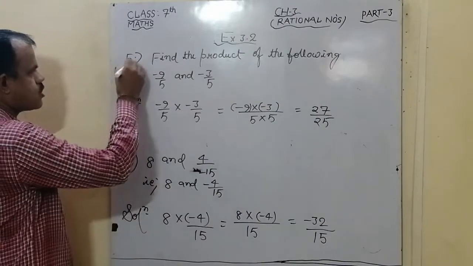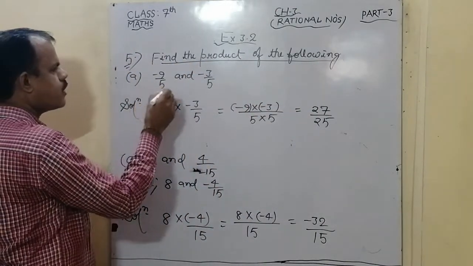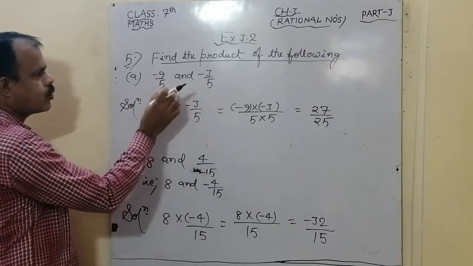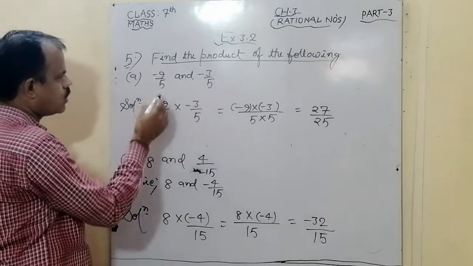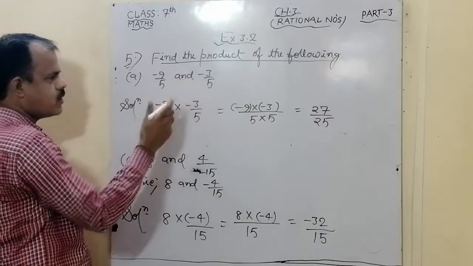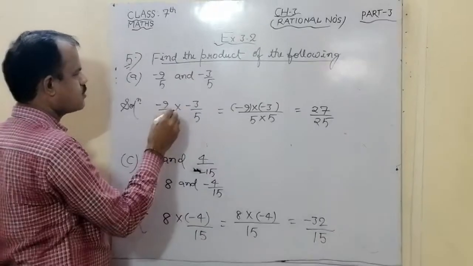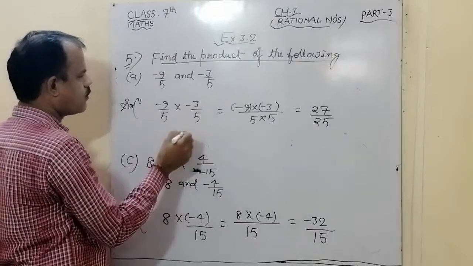Yes student, question number 5. Find the product of the following: minus 9 by 5 and minus 3 by 5. We have to find the product of both these fractions. So look here, minus 9 by 5, and in this place we put the multiplication sign. So this is minus 9 by 5 into minus 3 by 5.